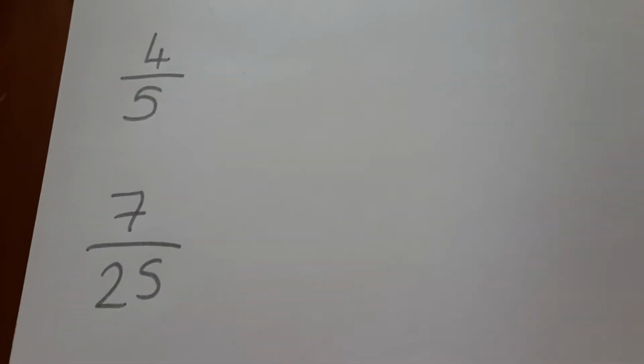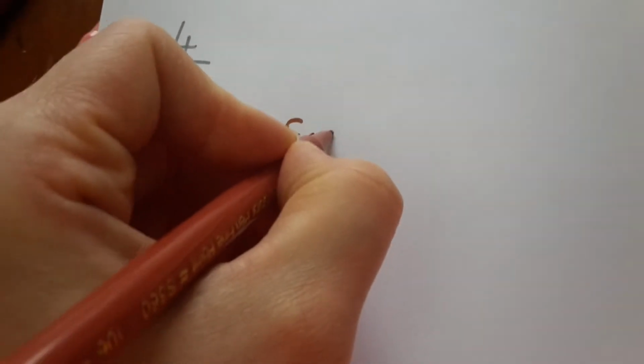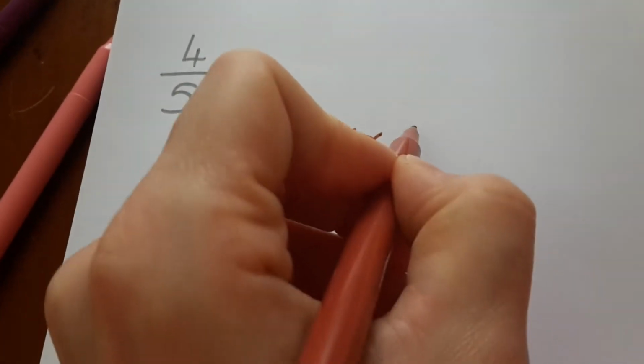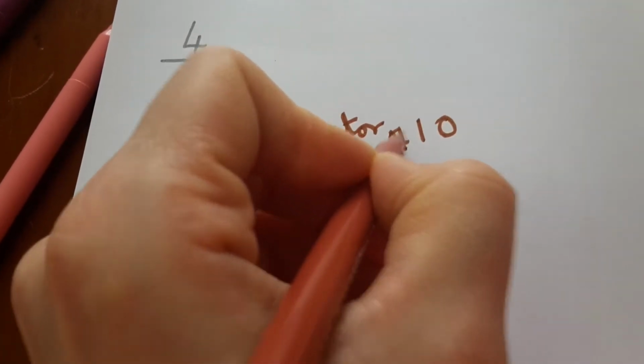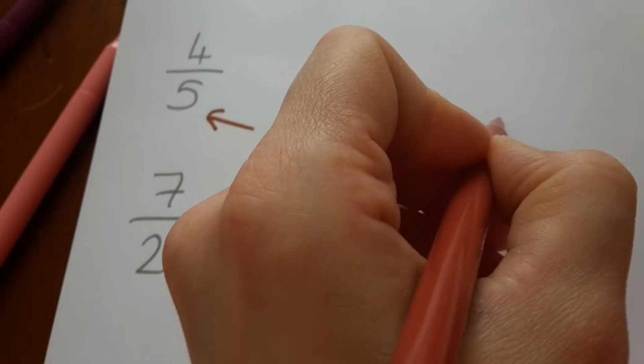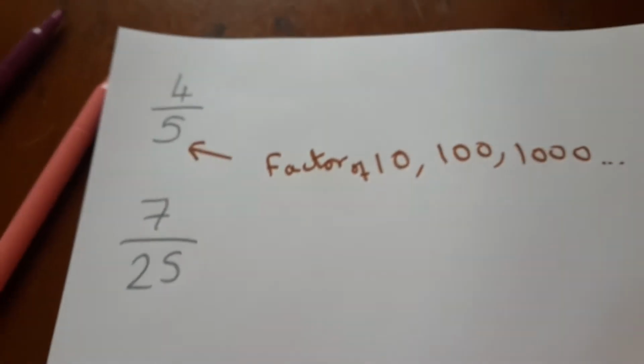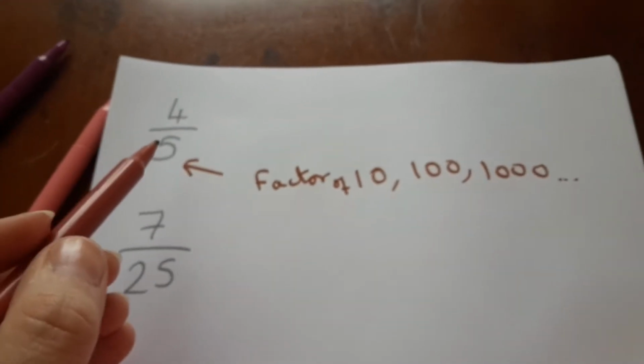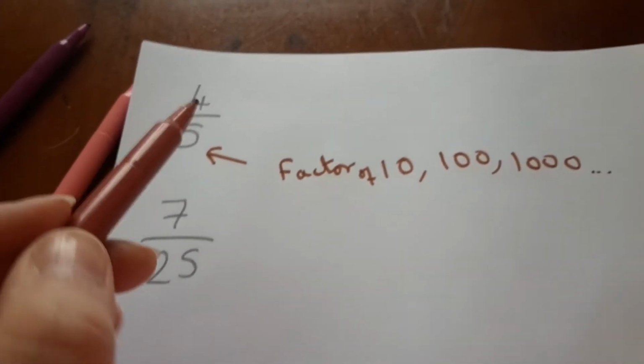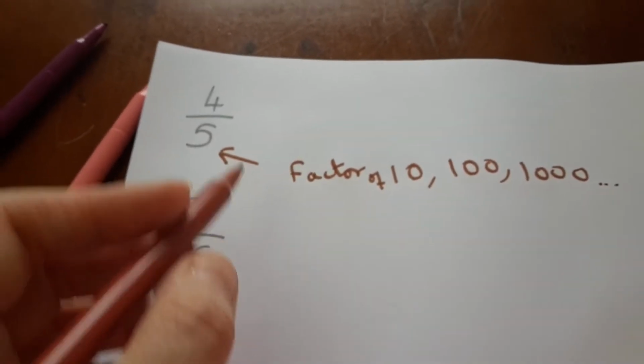Now if the denominator, so the number on the bottom, is a factor of a power of 10, so for instance 10, 100, 1,000 and so on, you can use equivalent fractions to work out the answer.